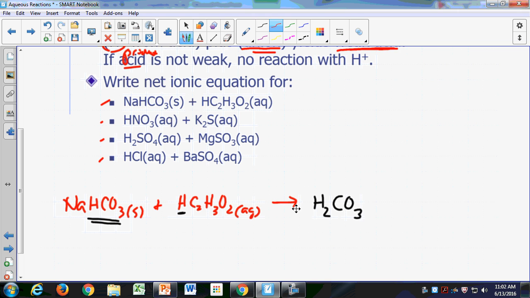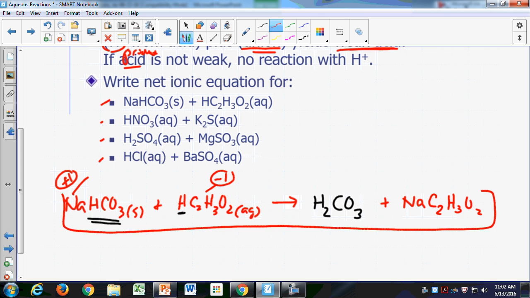That leaves behind sodium and acetate, which combine to give sodium acetate. Sodium is plus 1, acetate is negative 1, so sodium acetate is NaC2H3O2. That is your molecular equation. H2CO3, carbonic acid, would be in aqueous solution, and sodium acetate would be in aqueous solution.